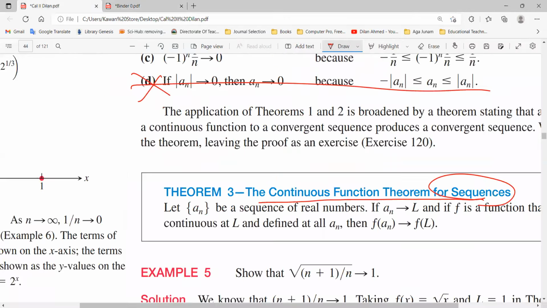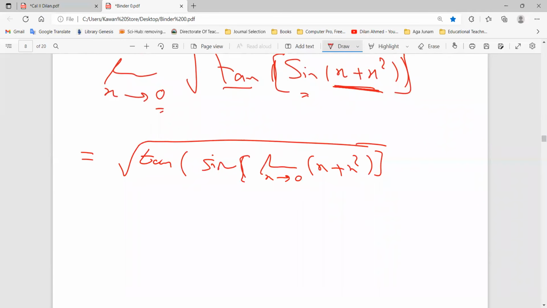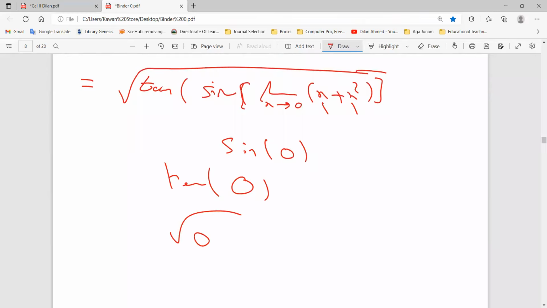We have a theorem here that says if the function is continuous at that point, you can do it. So we will replace here 0 plus 0 is equal to 0, right? And sine of 0 is equal to 0 again. And tan of 0 is 0 again. And square root of 0 is 0.